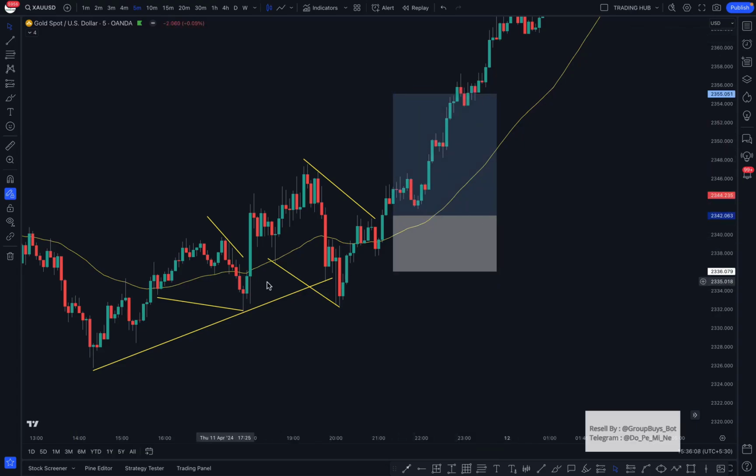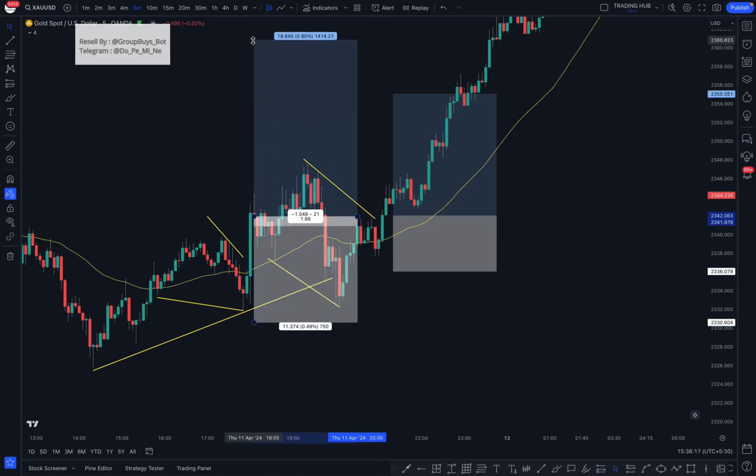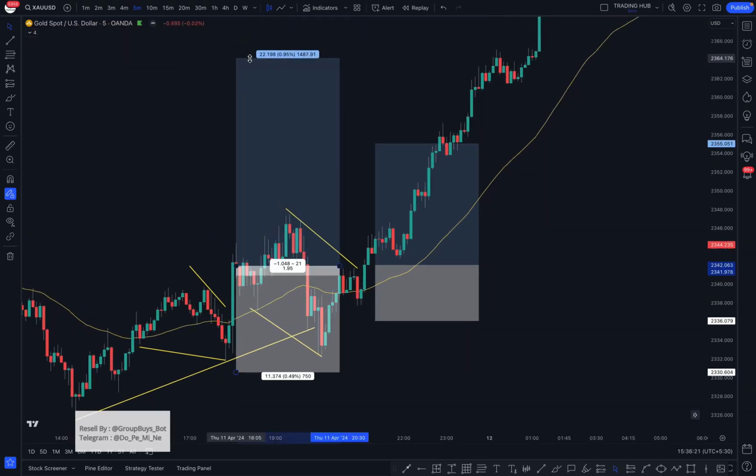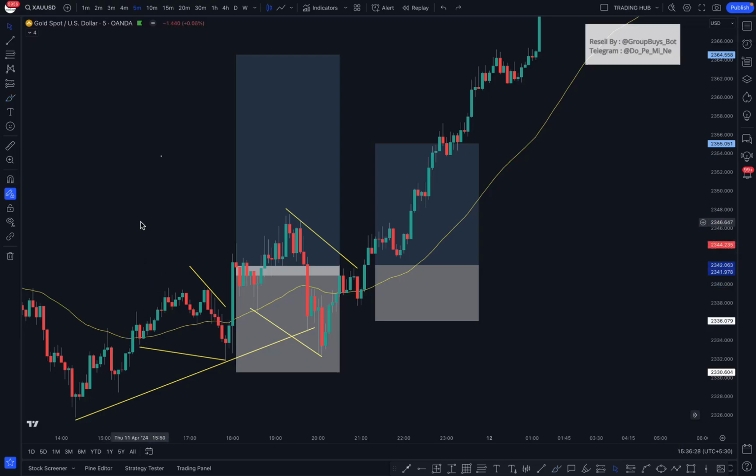In the first scenario, you can see the structure created here, and this is a larger entry point, with the stop loss just below it and a 1:2 target, which is around here. So both can be our setups: the first setup here and the second setup here. Why? Because everything looks bullish and creates a bullish pattern here.